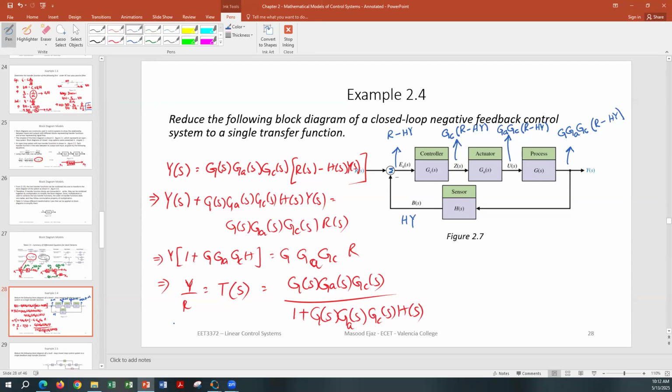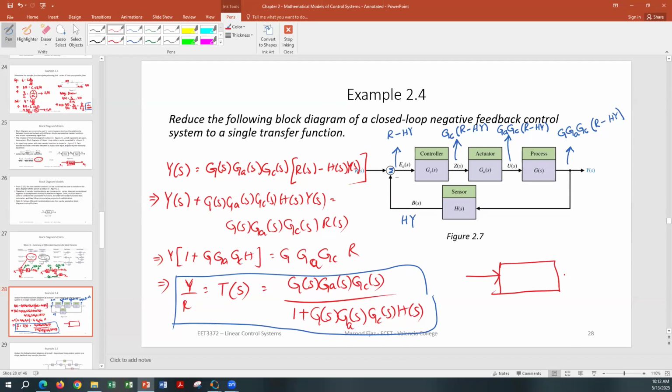So this is the transfer function between the input and the output. If you want to reduce this into a single block, then you have the input R(s), the output Y(s), and the transfer function T(s), which is given by this.